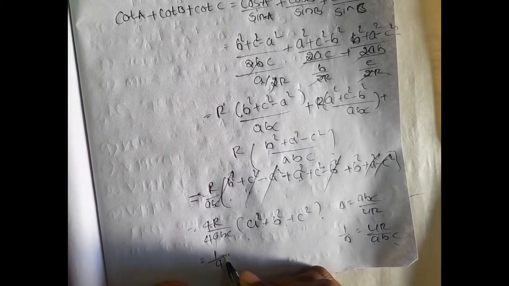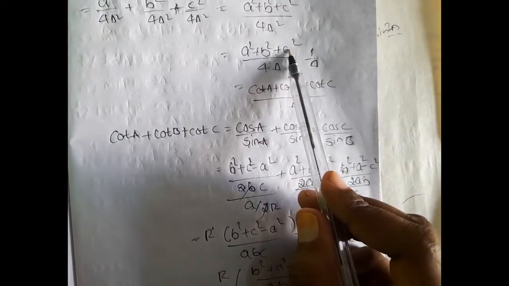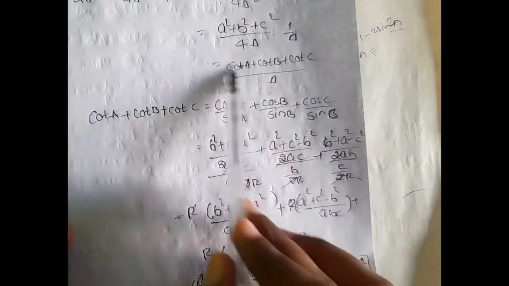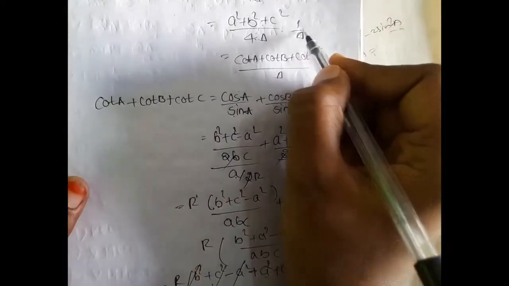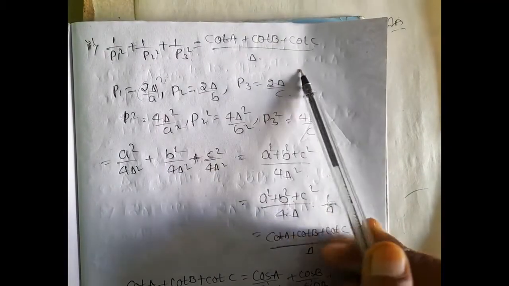Now it means that a square plus b square plus c square by 4 delta. That's why we replaced a square plus b square plus c square by 4 delta with cot A plus cot B plus cot C. But we will have one more delta here, so that we can write it separately and then by delta. That's what we are asked to prove.